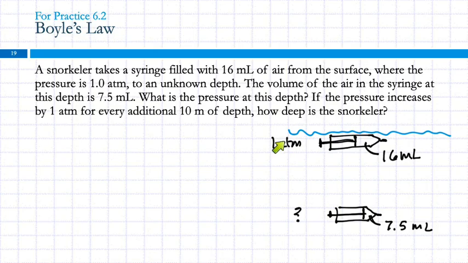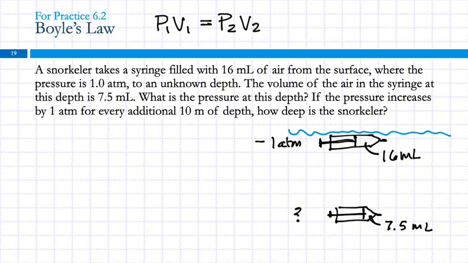So I have 2 different pressures. I have 2 different volumes. This should make me think of Boyle's law, which relates pressure to volume. Now, it really doesn't matter whether you call this pressure 1 and volume 1, or if you call that 2. Generally, people like to call this one 1 because that one came first, right? So we'll just do that.